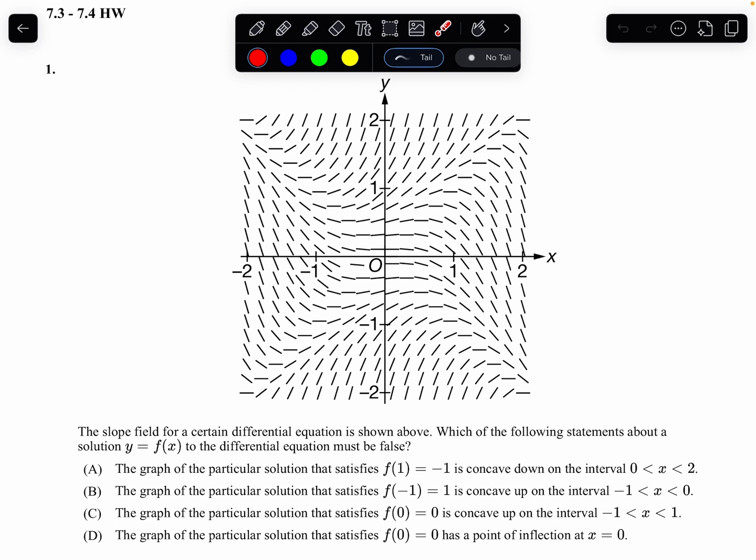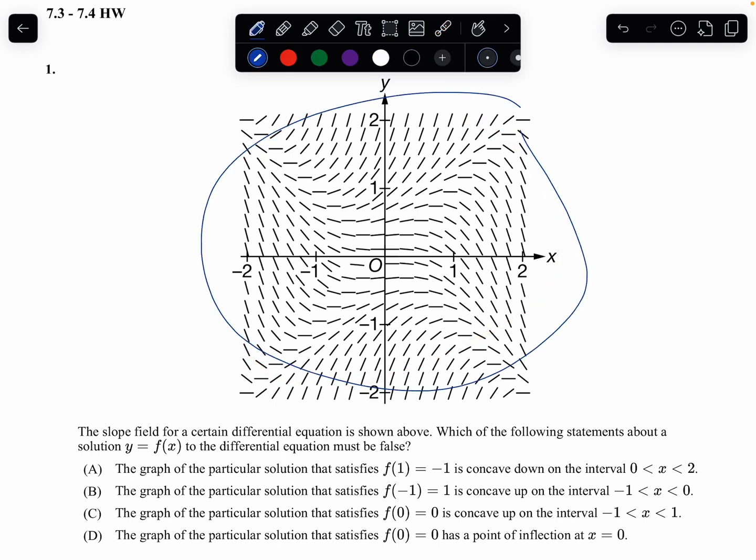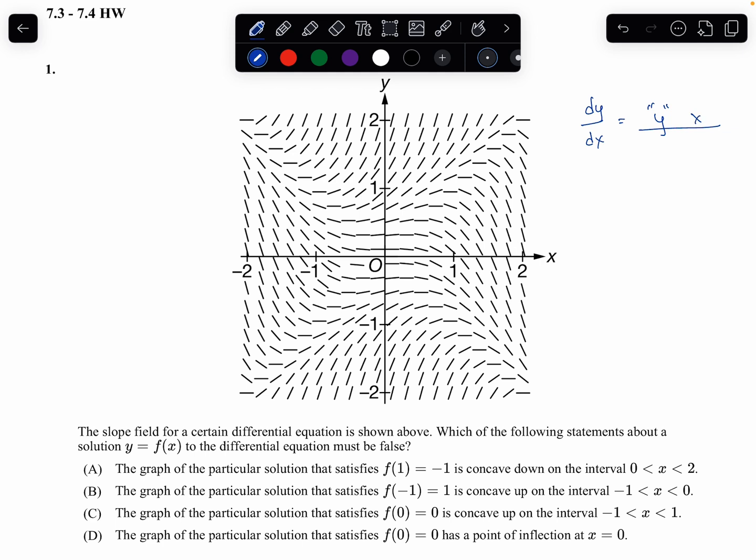So for whatever slope field, there is a differential equation, and the differential equation might be in the form of dy/dx is equal to something in terms of y and x, or it might be just in terms of x, or just in terms of y.